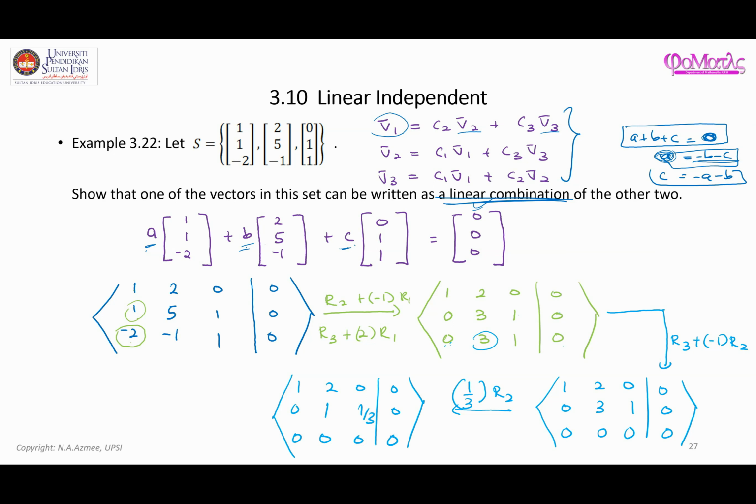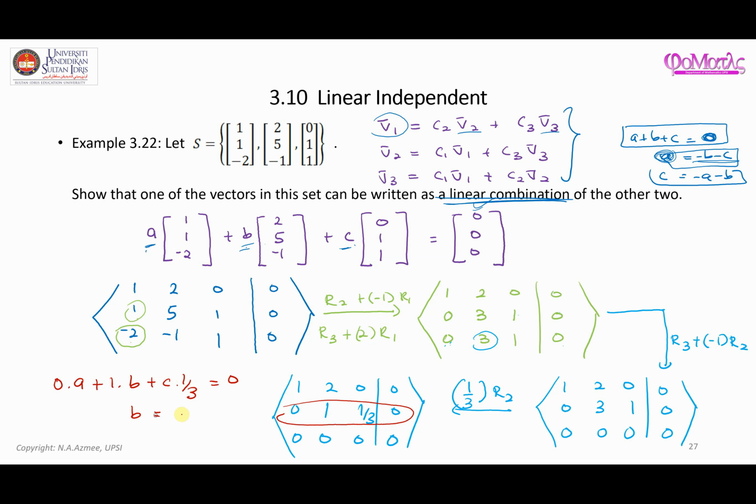Okay, so based on this, we can see that this part here refers to having 0 times A plus 1 times B plus C times 1 over 3 is equal to 0.